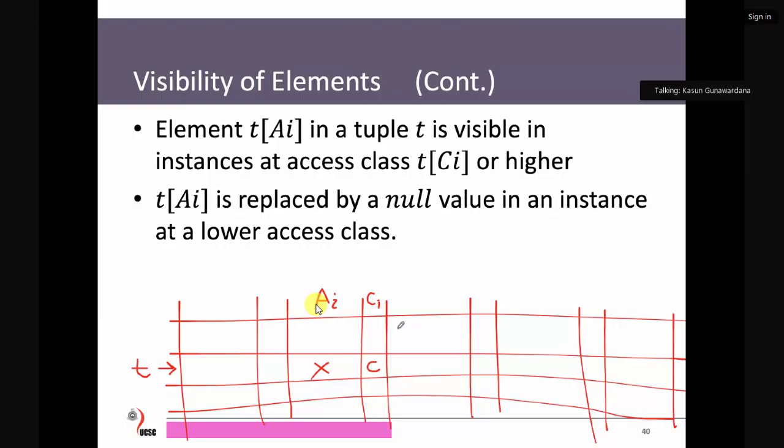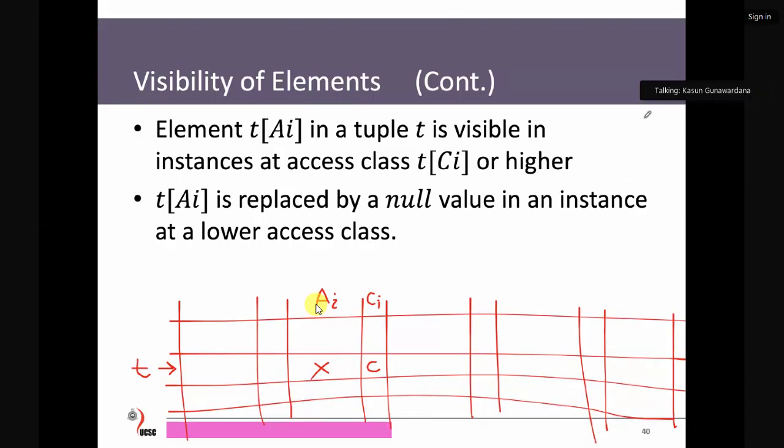So if you take any tuple T and its attribute value Ai, which is X here, it is visible in instances at access class TCi, which is the confidential level or higher. So what it means is this X will appear in instances of this relation where the instance level is confidential or higher, right?